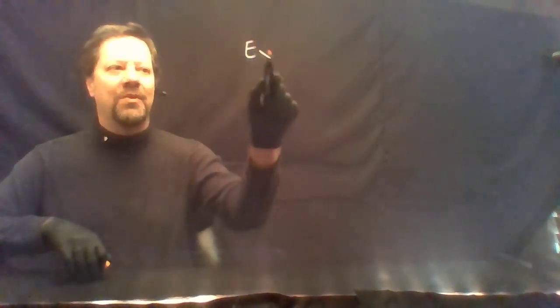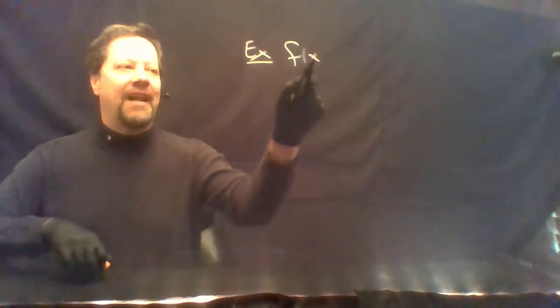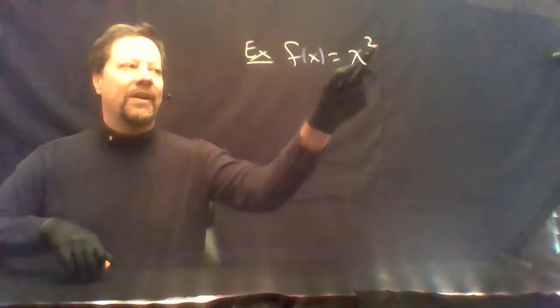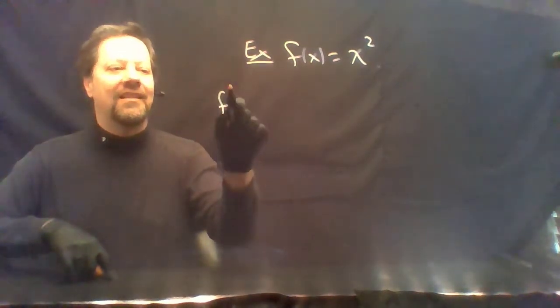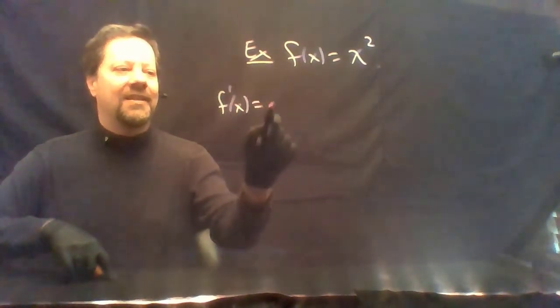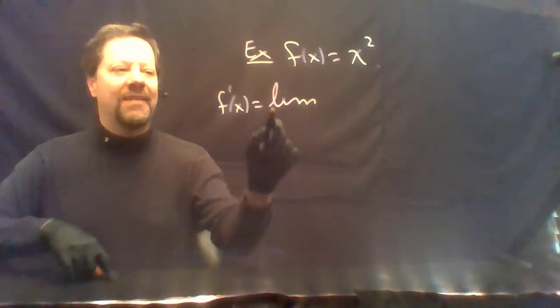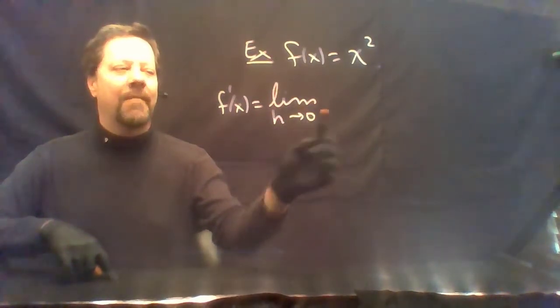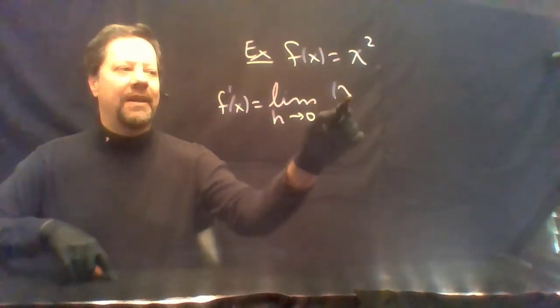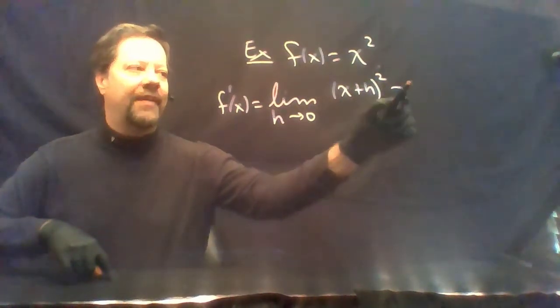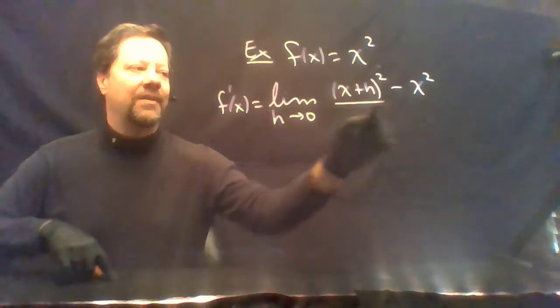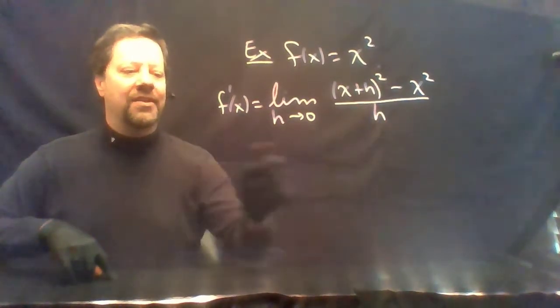In our next example, we'll look at f of x equals x squared. What is the derivative now? It is, of course, the limit as h goes to 0. F of x plus h will be x plus h quantity squared minus f of x, which is x squared, over h.